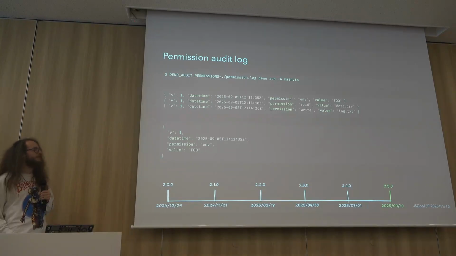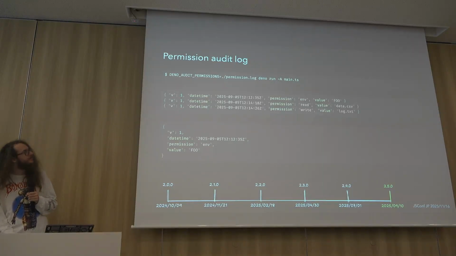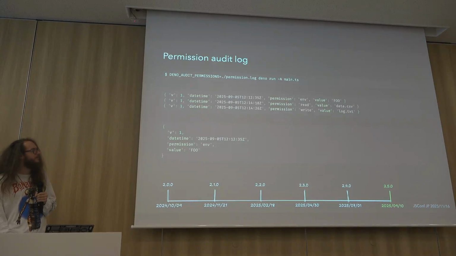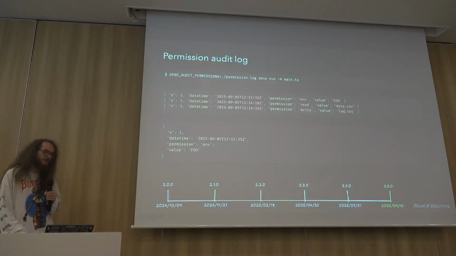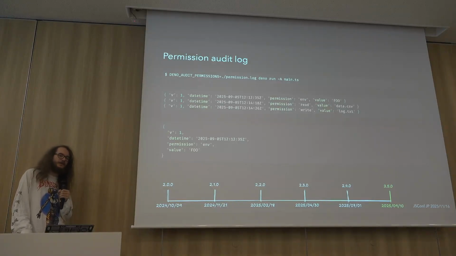In V1, we might change the format. Unlikely, but just for safety, we added versioning. In addition to that, this also combines with the deno trace permissions that I showed earlier, which will then show the entire stack trace in the value as well, in the trace field, an array of strings, which is the individual stack traces.